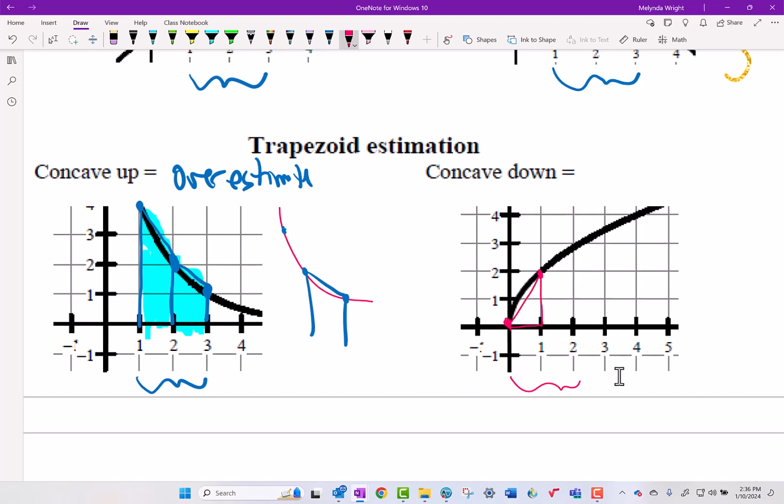It's really not. This side would be 0. That happens sometimes. It's okay. Then I would have this one right here, and then we would look at this area. And hopefully we can see that if our curve is concave down and we're doing a trapezoidal estimate, then this one would be an underestimate.